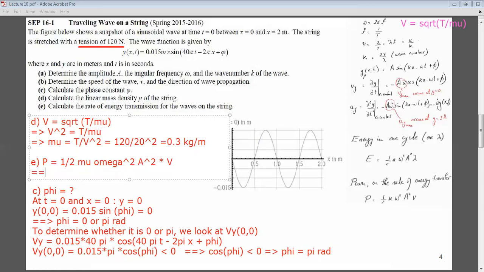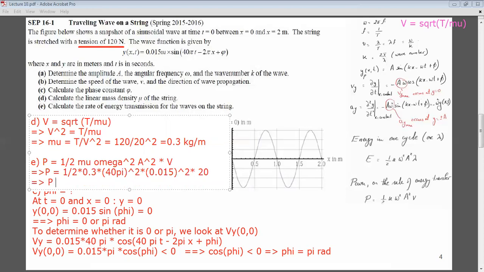So P is equal to half times mu, which we just calculated, 0.3, times omega, 40 pi, squared, times A squared, which is 0.015 squared, times V, which is 20.